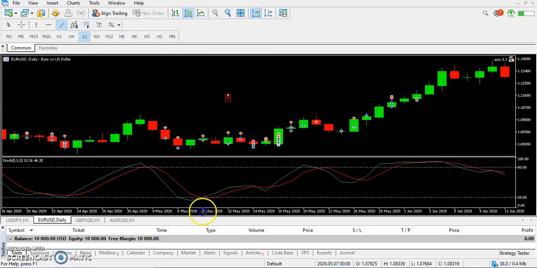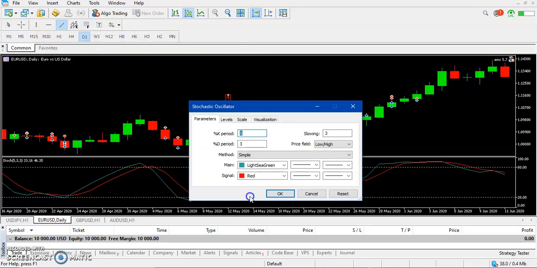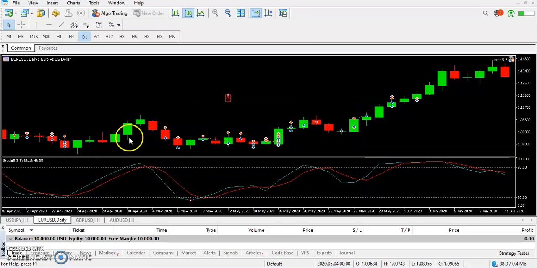The same procedure. We take our trend line and we put it on the stochastic from this point to this point. We then again take our trend line now from the same points but on the graph.